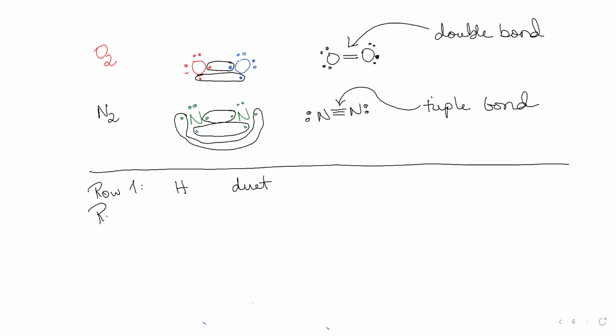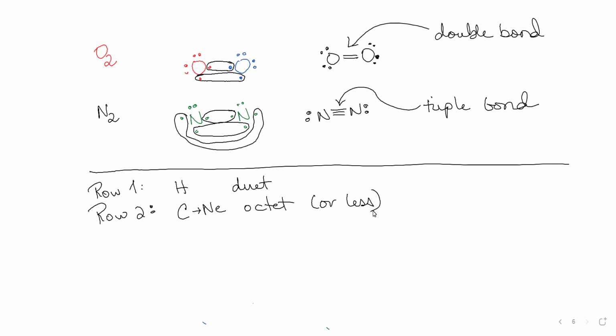When we talk about row 2, it can be less than an octet. So these are like boron and beryllium. But once we get from carbon onto neon, it can only do an octet.